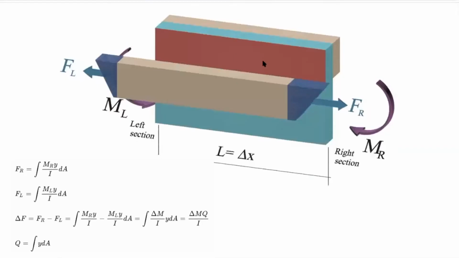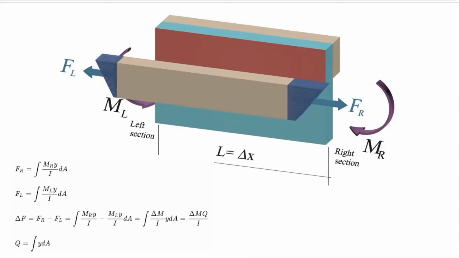And we have seen that the balancing force is equal to delta M multiplied by capital Q divided by I. I is the moment of inertia for the section, capital Q is the first moment of area for the section, and delta M is the difference between the moments. In the same way, we determine how much is shear flow.